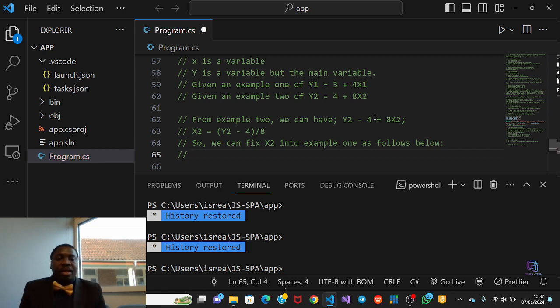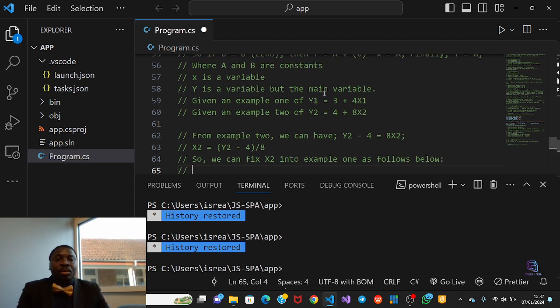We now have x2 equal to y2 minus 4 divided by 8. I want to fix x2 into equation 1. So why am I fixing x2 into equation 1? You can ask, x1 and x2, are they the same? Yes, they are the same. But because we are programming, take note of it.